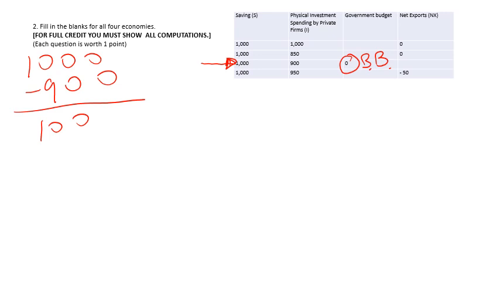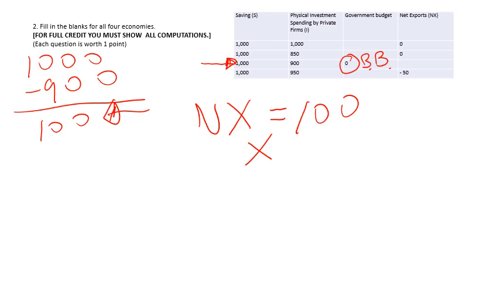Well, let's see now. The implication of this $100 billion is that our economy is experiencing net exports of $100 billion. What that means is that exports are greater than imports by $100 billion.